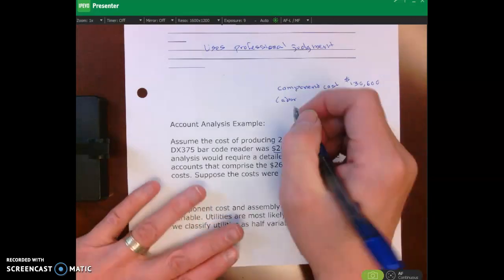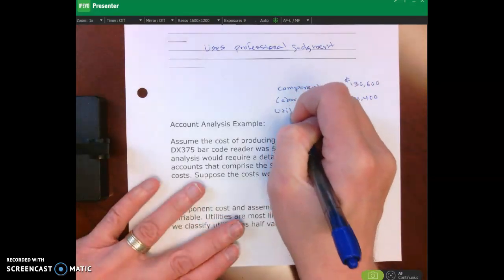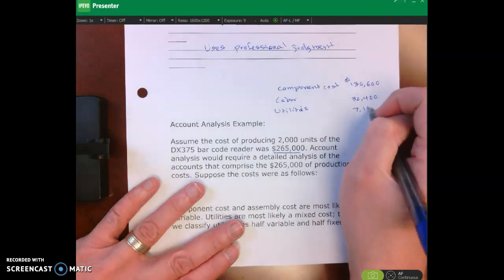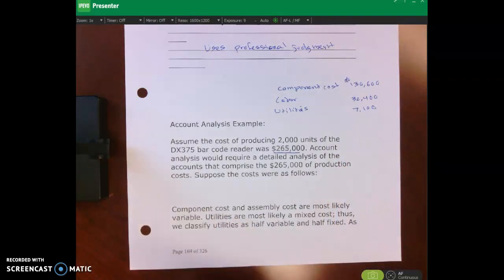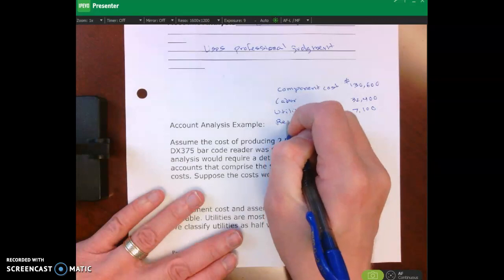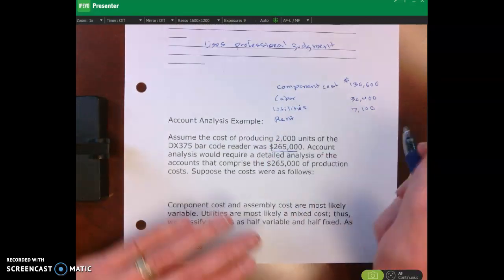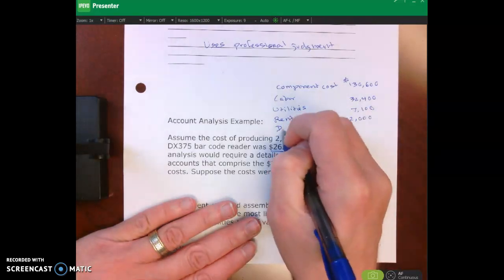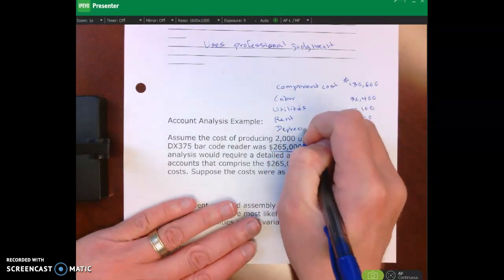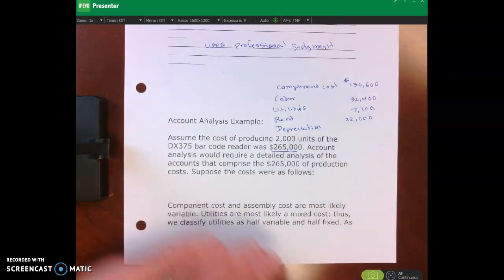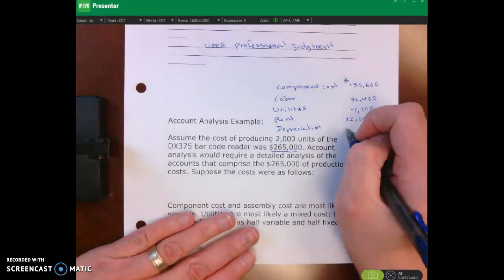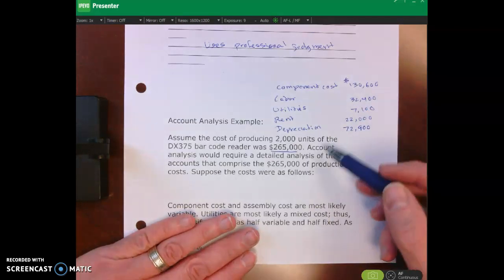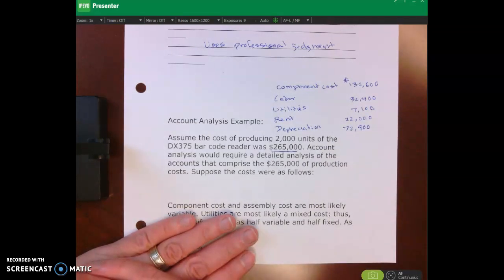Let's say that we have utilities at $7,100. Let's say that we have rent at $22,000. And then finally we have depreciation at a cost of $72,900. The sum of all these is the $265,000, okay?